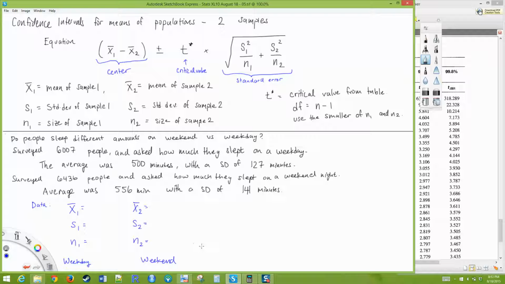All right, so tell me, what are X bar 1, S1, and N1? X bar 1 is 500, S1 is 127, and N1 is 6,007. Okay, X bar 2 is 556, and S2 is, sorry if my handwriting was bad, it's 141, and N2 is 6436. Okay.